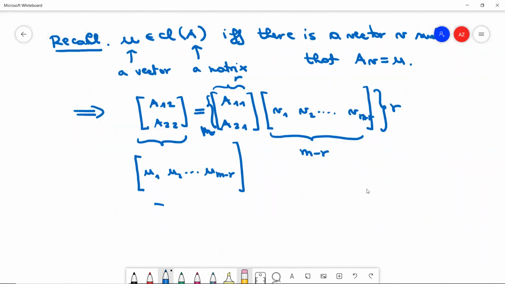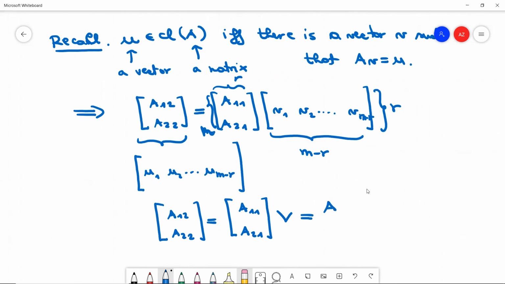So we have A12, A22 is just A11, A21 times some matrix V, which means that A11 V and A21 V is equal to A12, A22.